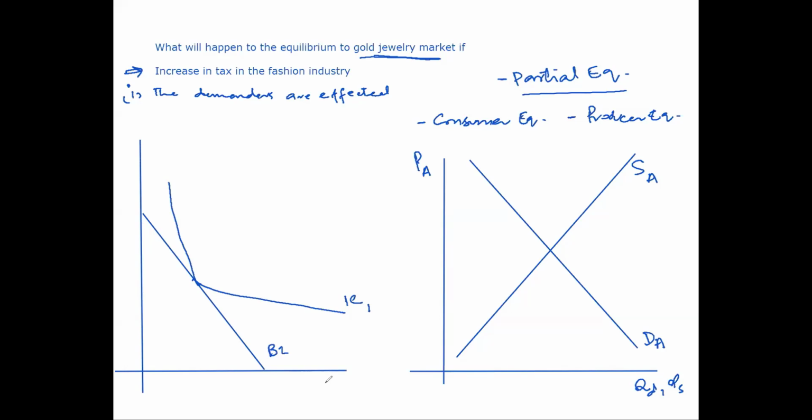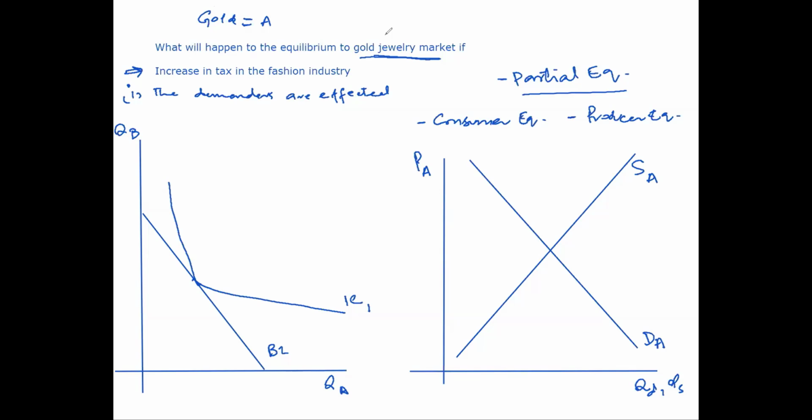Here the quantity of product A is here, and there's some other quantity of product B. It means the customer is now comparing two goods. Gold is A, and let's assume some other product that is B.